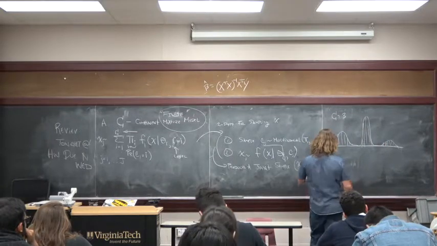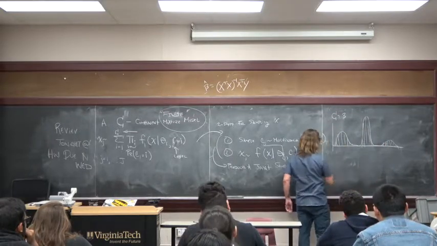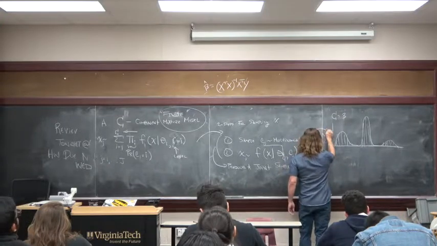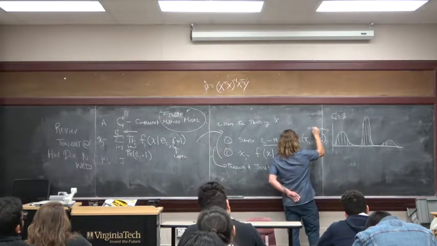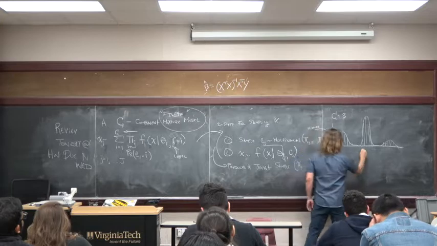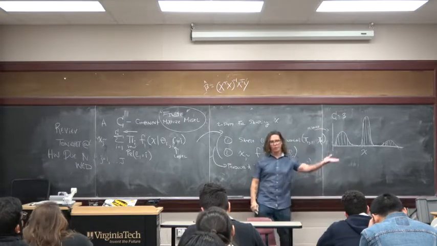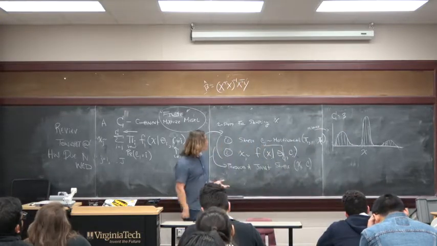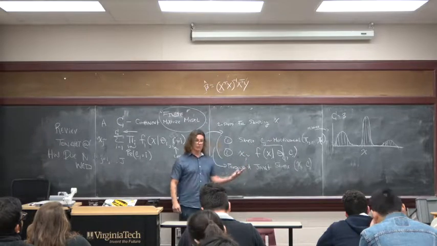And this is just my x's right here, so this is our mixture. These are my x's, so I'm just plotting those. If I gave you the c's, estimating everything is pretty easy.